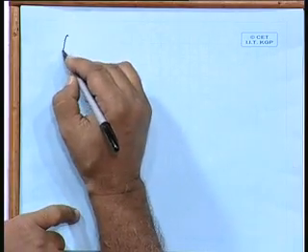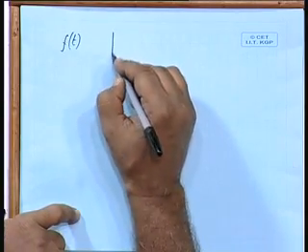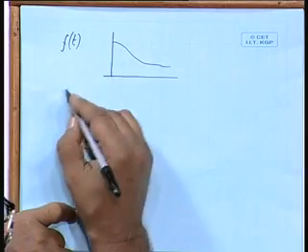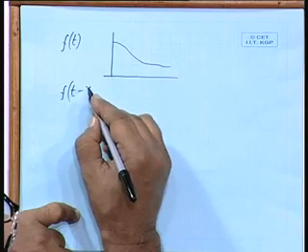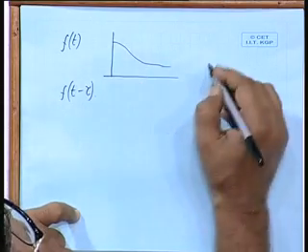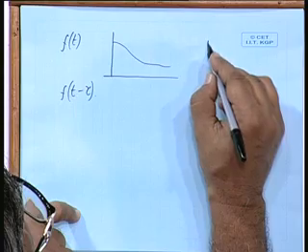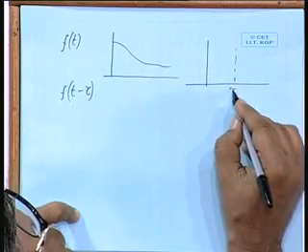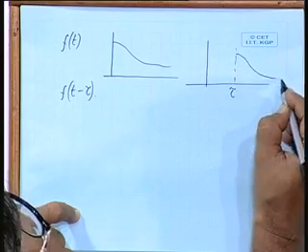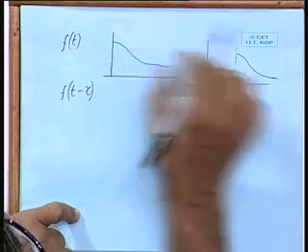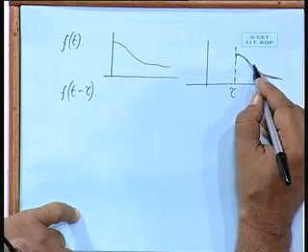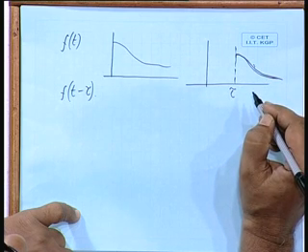So, any function, if we shift, f t is a function say like this, then what is f t minus tau? If I want to represent the same function which is starting after an interval tau, if it is identical, okay, then what will be the mathematical representation of this function?